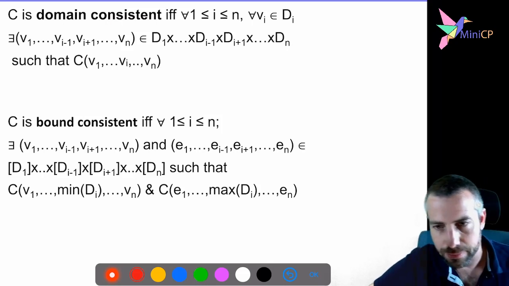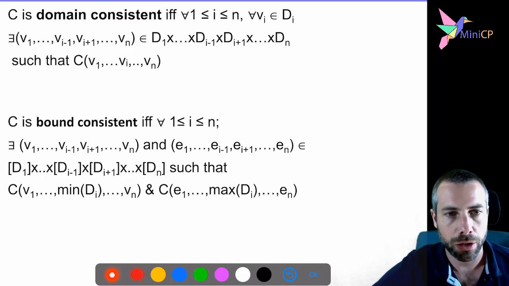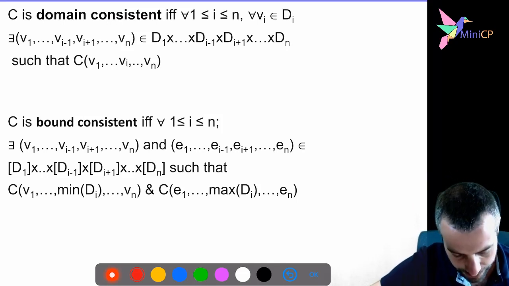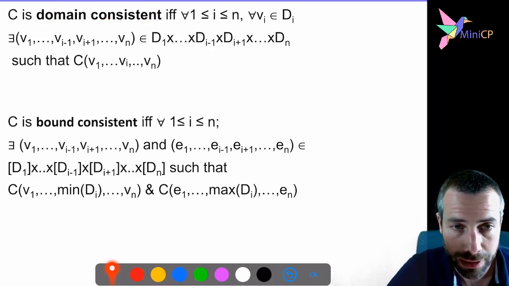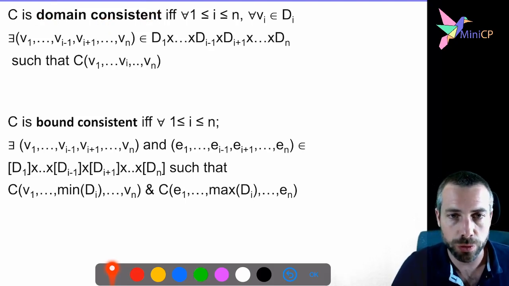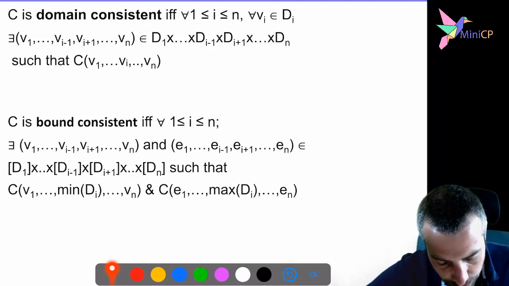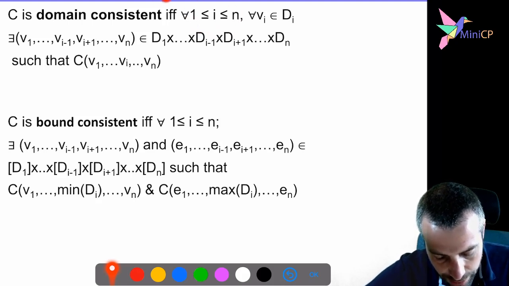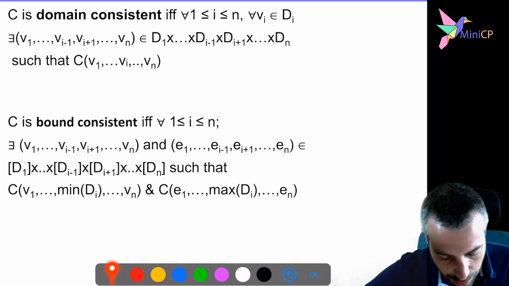Okay, let's formally define what we mean by domain consistency and what we mean by bound consistency. So we say that a constraint is domain consistent. It means that it's a static property given the definition of the constraint and given the state of the domains. So a constraint is domain consistent if for every variable that is involved in the constraint, so all these variables here, for every variable and for every single value that you have in the domains, we must have an extension of this value.